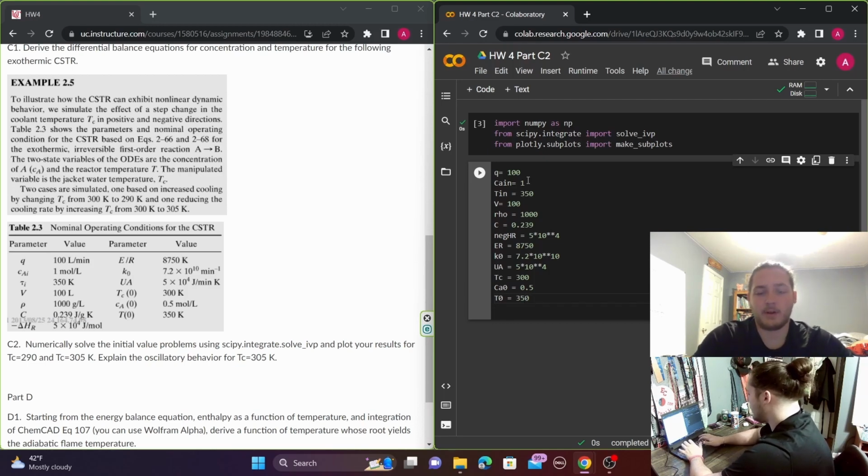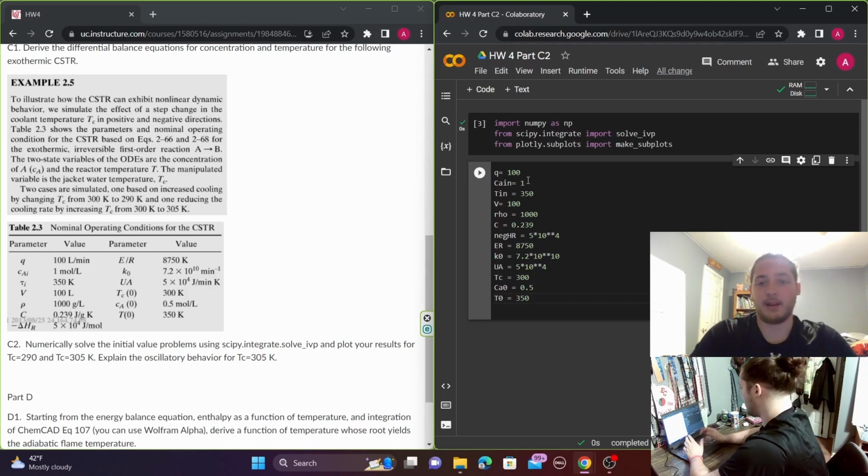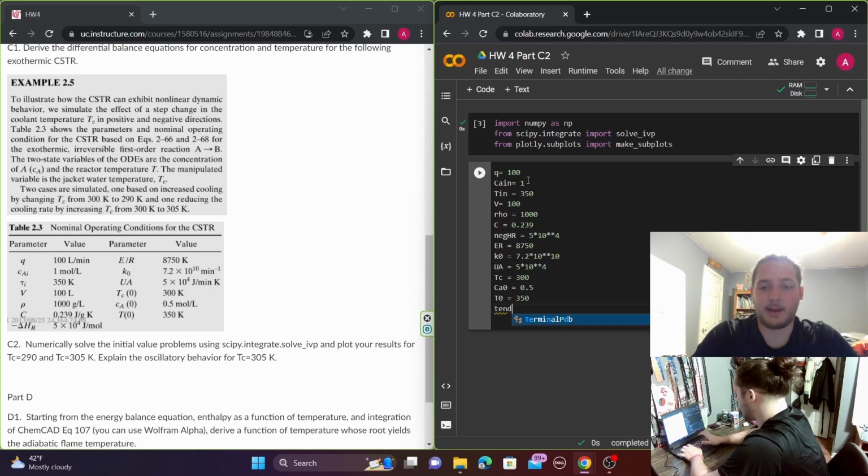So now that we have all of our initial conditions inputted into our code, I'm going to now input a time for our simulation to end, and I'm going to make that 10 minutes.